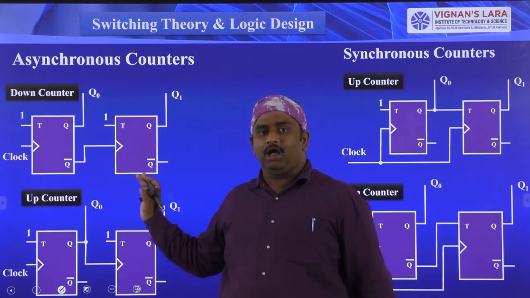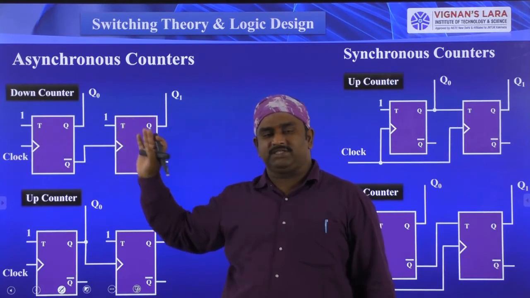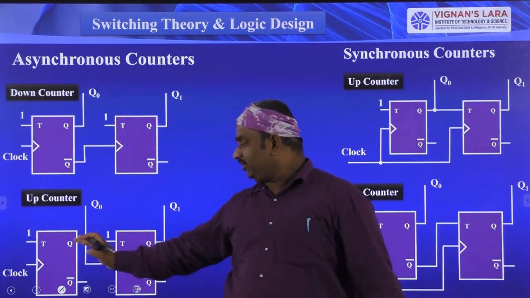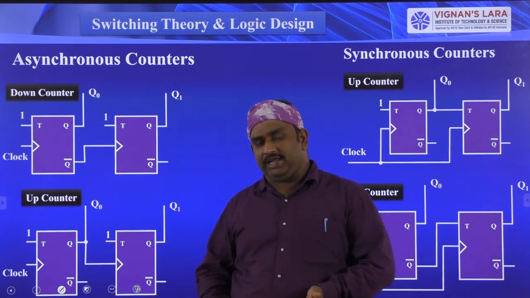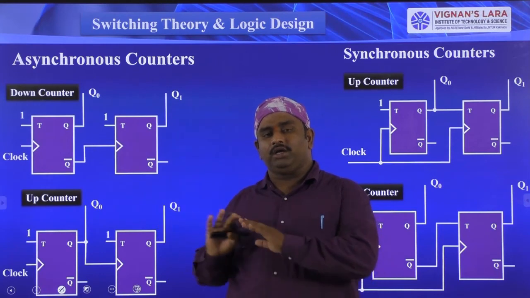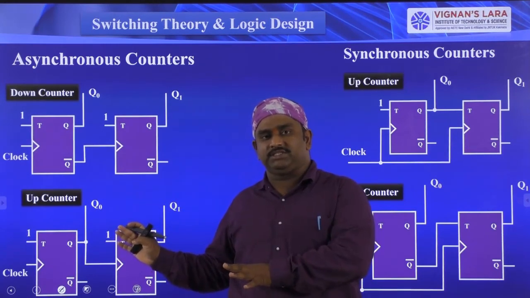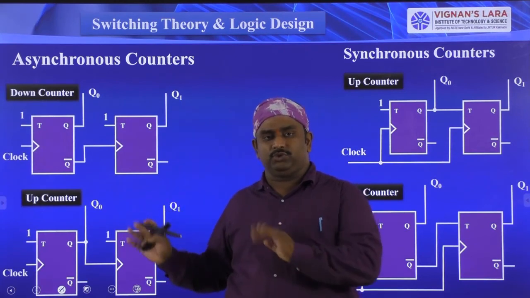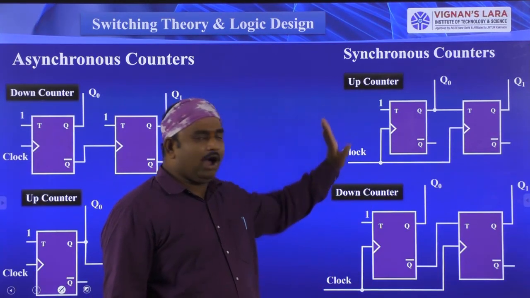But in the asynchronous counter, the clock pulses for the first, second, or third flip-flop, however many flip-flops you are taking, are not the same. They have different types of connections and different sources. But for the synchronous counters, a single clock pulse is connected to all flip-flops.